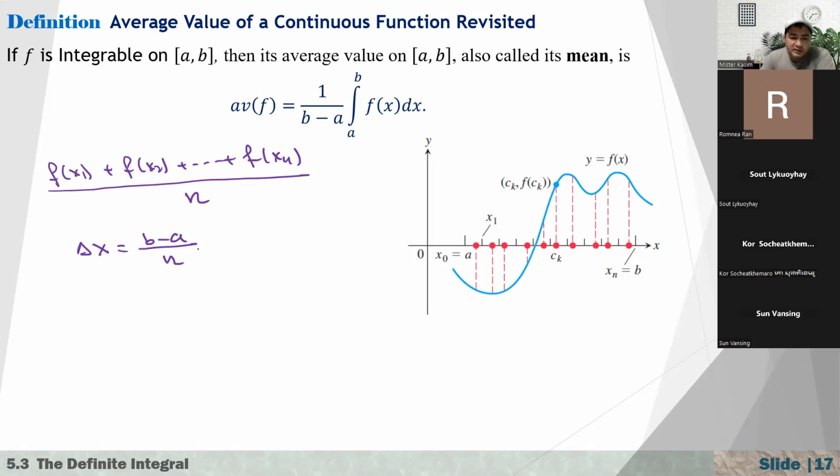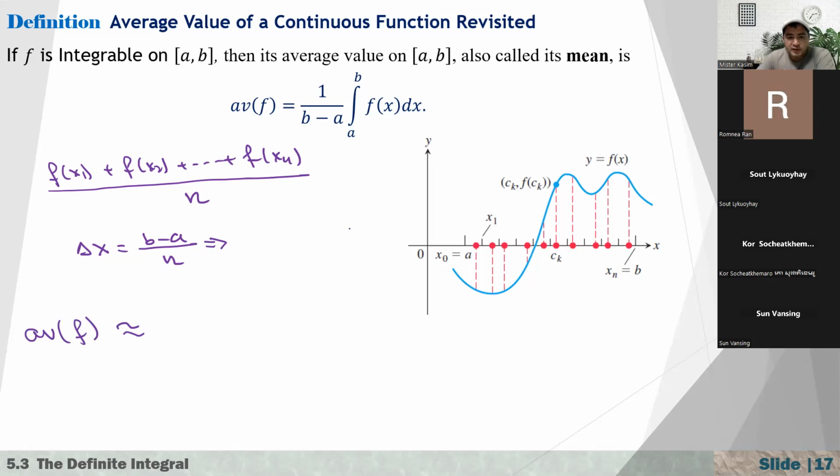So see here, we have only n. And that's why, instead of this delta x, I can write b minus a over n. Look how you should understand this average value of f.